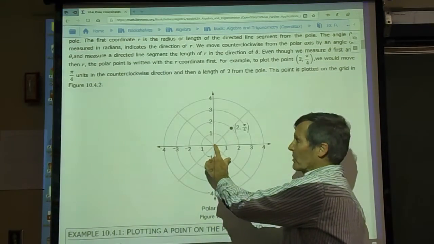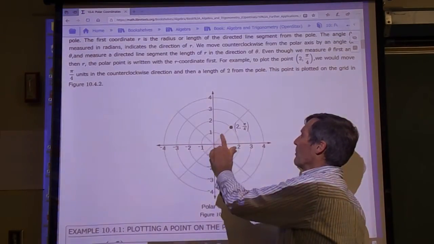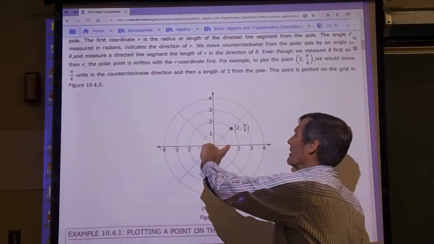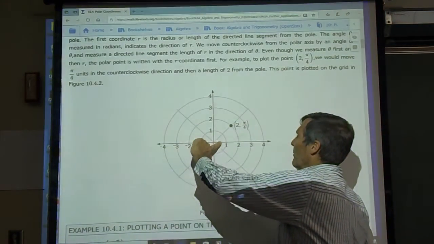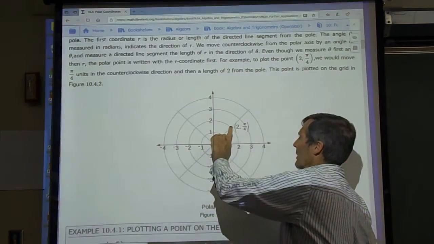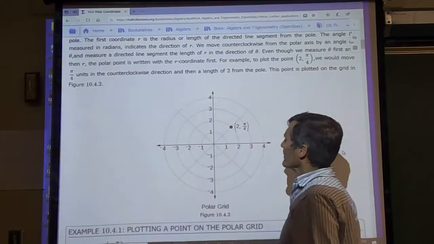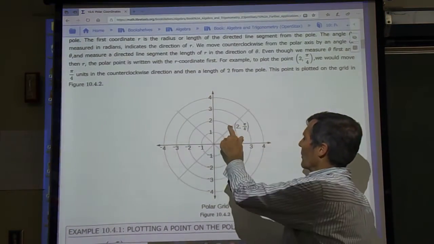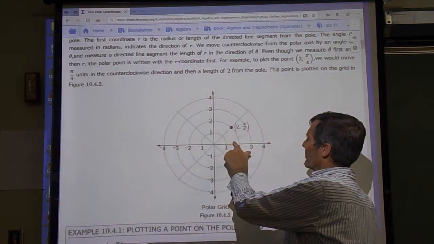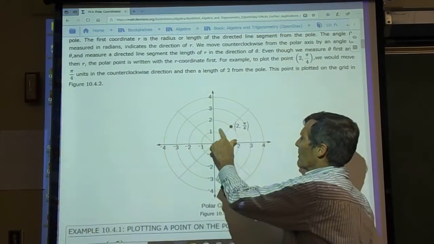In polar coordinates, it's called the pole. How far it is from the pole and what angle it's at, right? So it's trigonometry coming in here for the angle. If we go at an angle of pi over 4 and 2 units out, we get this point right here. Those rectangular coordinates, if you figure the triangle, are square root 2, which is 1.4 by 1.4 roughly.